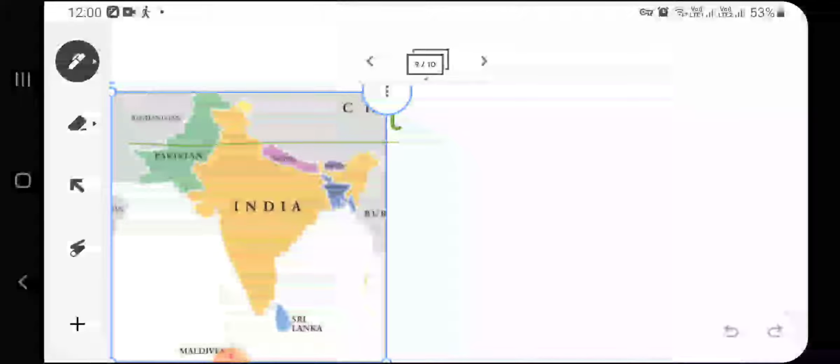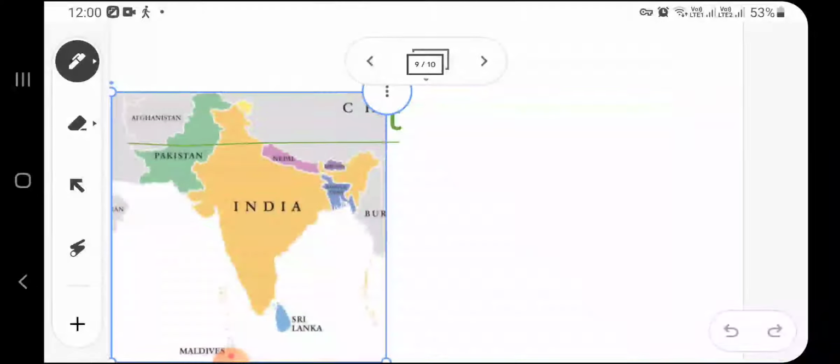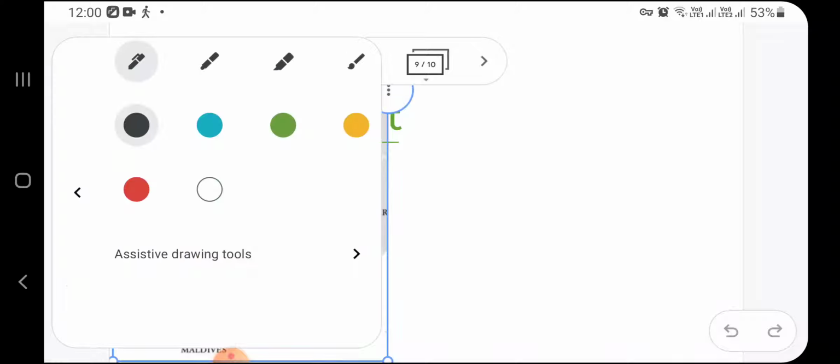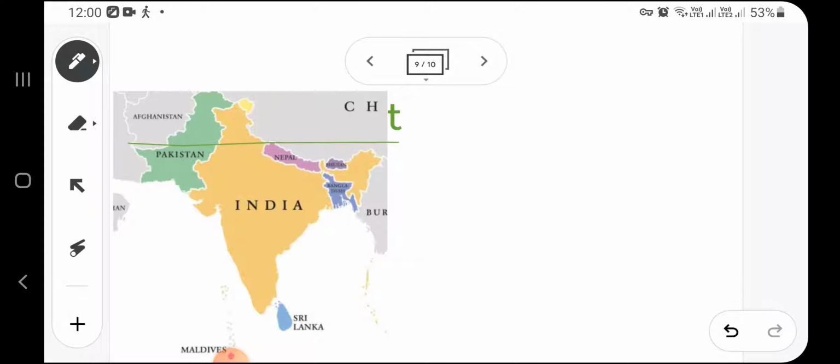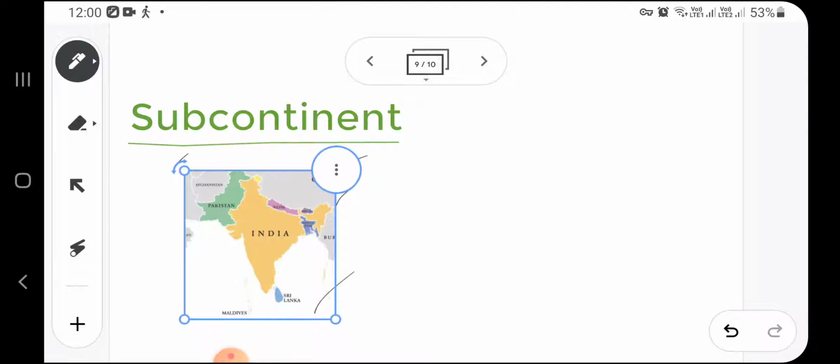If you see this map, here are India, Nepal, Pakistan, Sri Lanka, Bangladesh, Bhutan. India and its neighboring countries together are called the Indian subcontinent. Why is it called a subcontinent? Because India has all the physical features which a continent has.